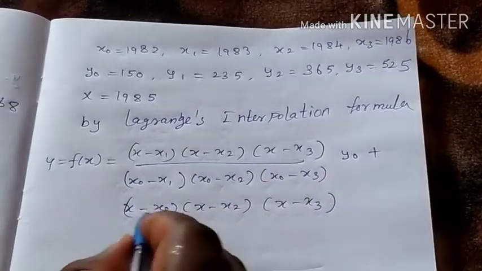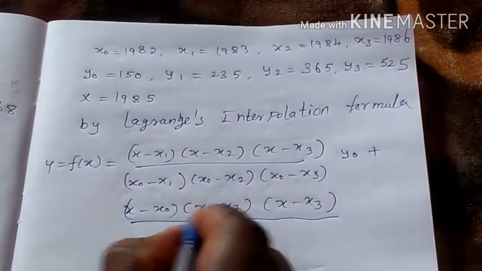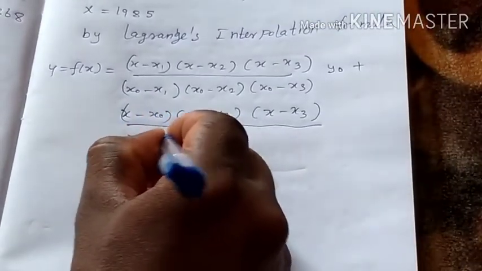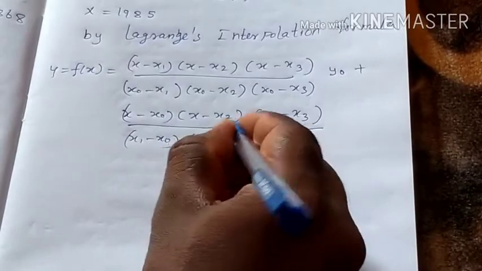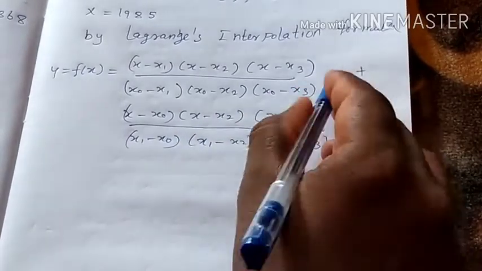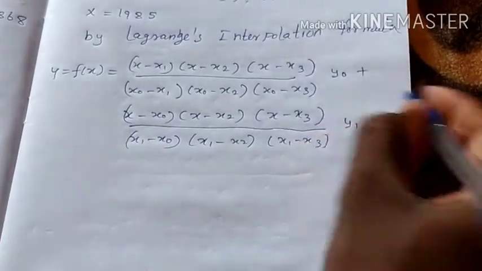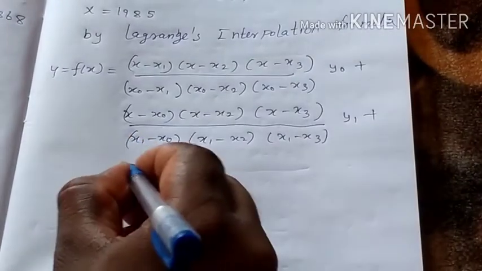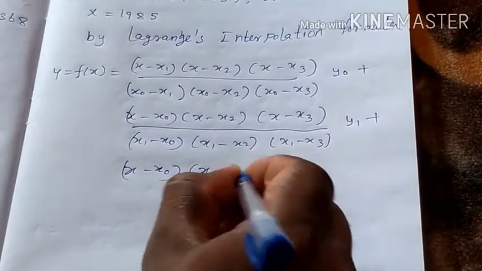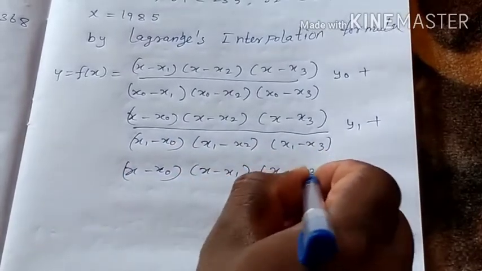The denominator for the next step is (x1 minus x0)(x1 minus x2)(x1 minus x3) into y1, plus (x minus x0)(x minus x1)(x minus x3).